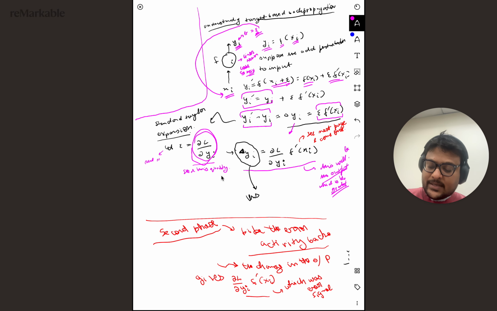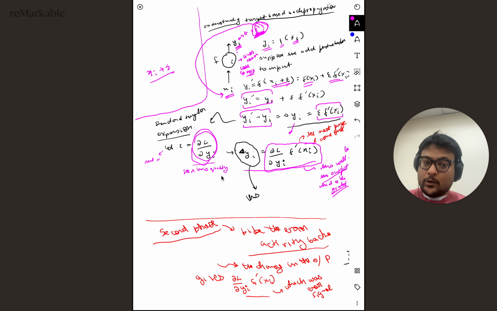So now you can just plug in this expression, and you can see that it gets this whole thing back. In the first phase you fed xi, you got yi, you computed this error epsilon, and then you added that error back to the input, and got xi plus epsilon, and you passed it again as a simple feed forward through the same neuron i, which gave you an activity y dash.